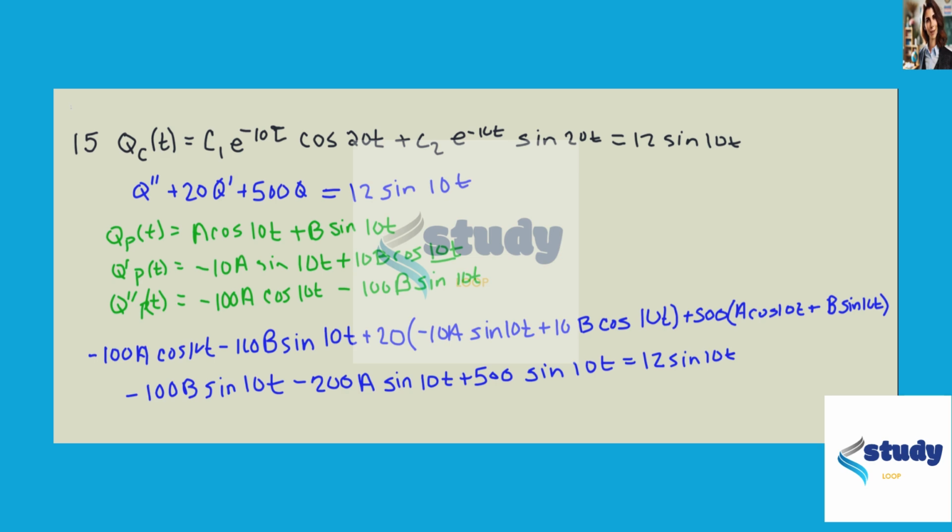So my cosines would be negative 100A cosine 10t plus 200B cosine 10t plus 500A cosine 10t.